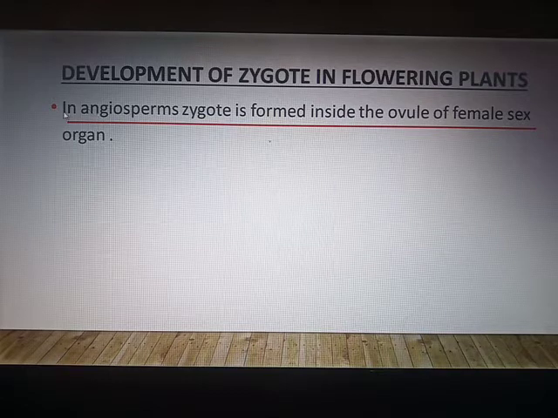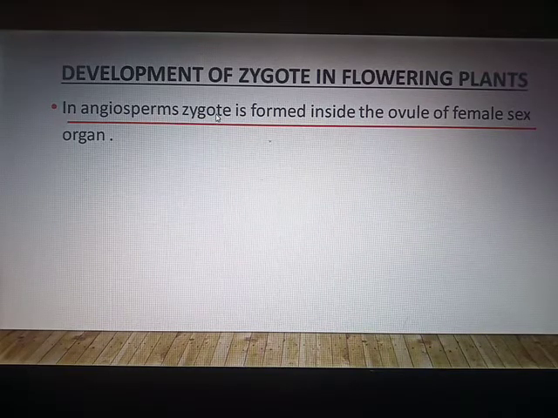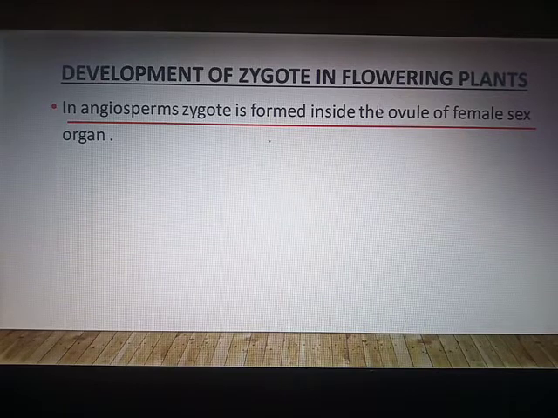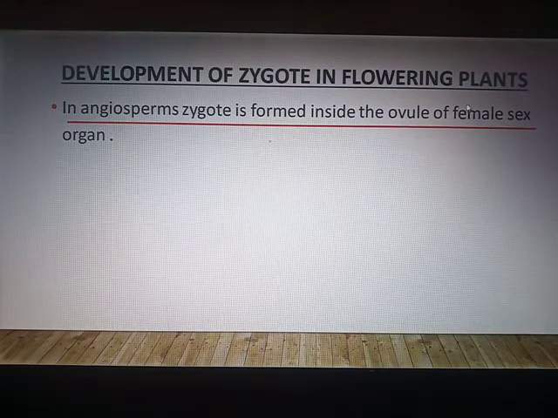and in angiosperms, the formation of zygote is inside the ovule. Clear? We discussed the structure of ovule in the second chapter, that is sexual reproduction in flowering plants.